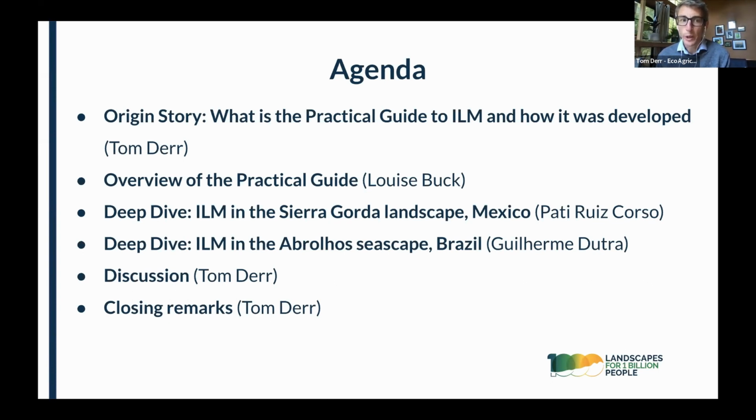I'm also going to give you a quick recap of an overview of the practical guide before handing it over to my colleague, Louise Buck, who will give a much more in-depth overview of the guide, and then we're going to hear from some fantastic speakers who are both members of the 1000 Landscapes Landscape Leaders Advisory Group, who are going to give us case studies about their own experiences implementing integrated landscape management, both from the Sierra Gorda landscape in Mexico.